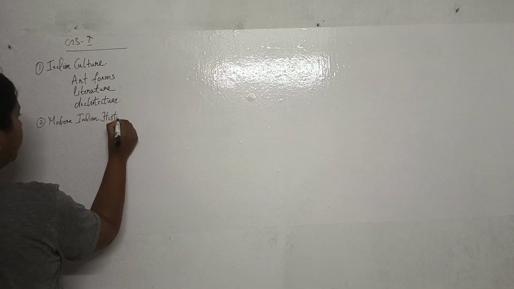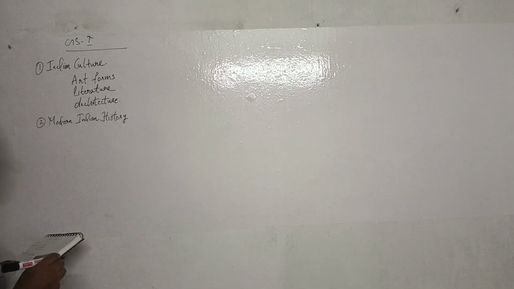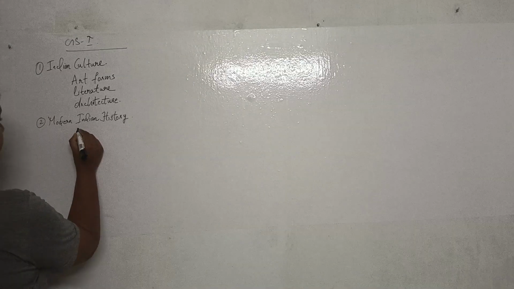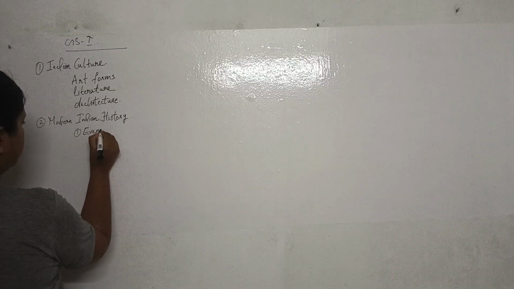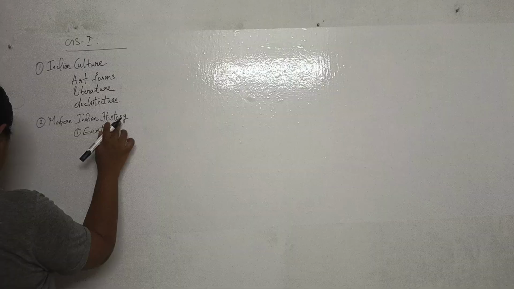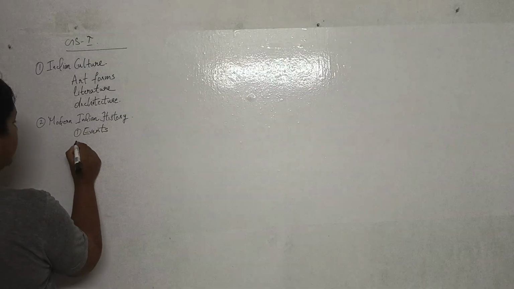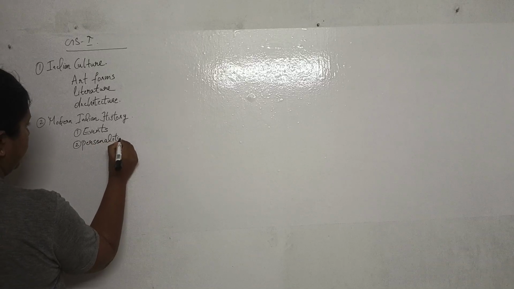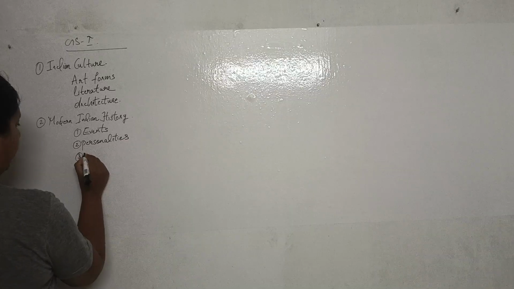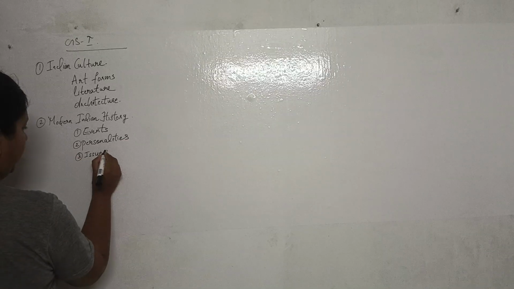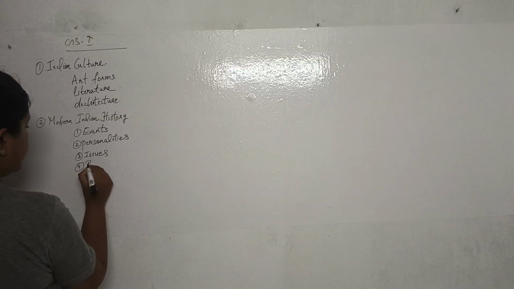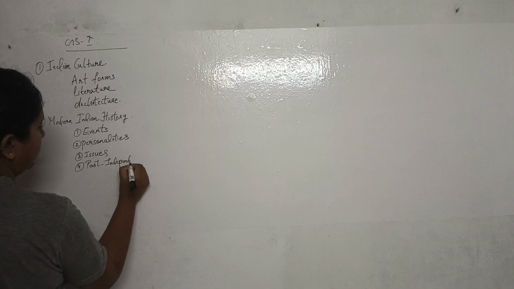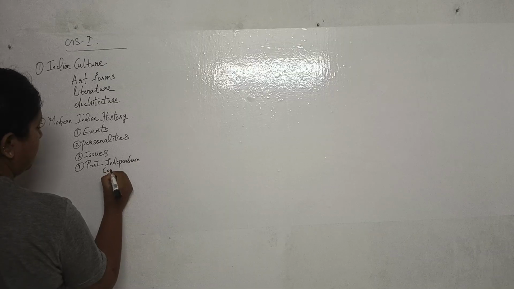The main topics are the events that happened during the modern Indian history time period, then personalities of modern India, then issues that happened or are happening in modern India, and post-independence consolidation.